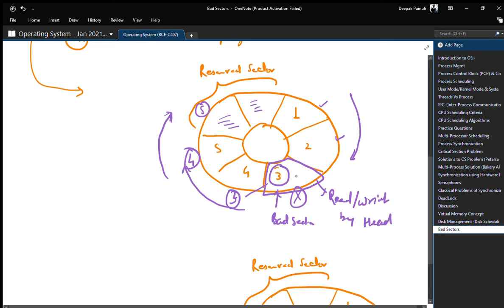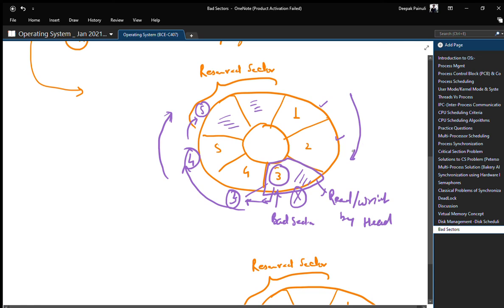As we have detected sector number 3 as a bad sector, we will block it by creating a bad sector list, and forward its index number to the next sector. Sector 4 will be renamed as 3, sector number 5 will be renamed as 4, and sector number 5 will be allocated to one of the reserved sectors, right?